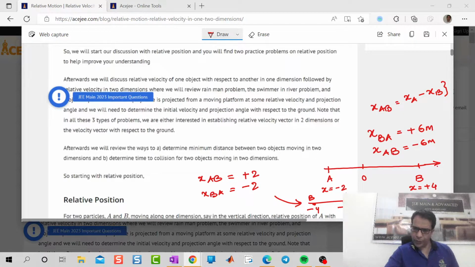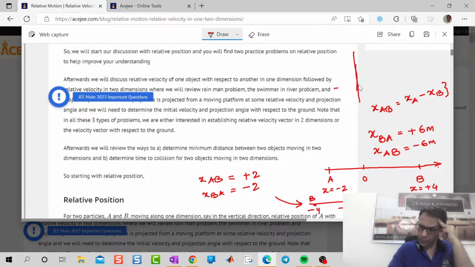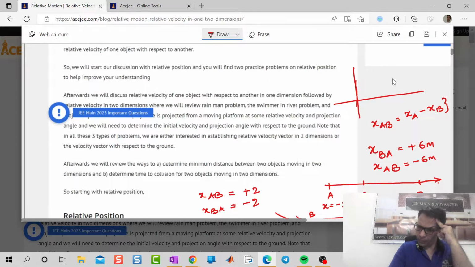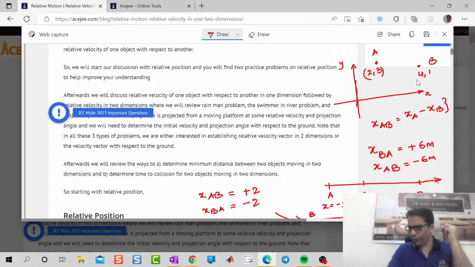Let's talk about two-dimensional motion, right? So let's say, beta Manan, can I ask you a question now? So let's say A is at some coordinates 2, 3 and B is at 4, 1.